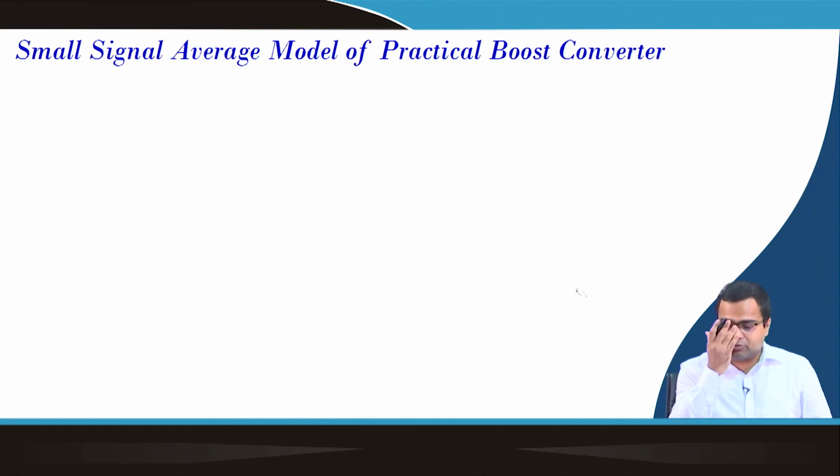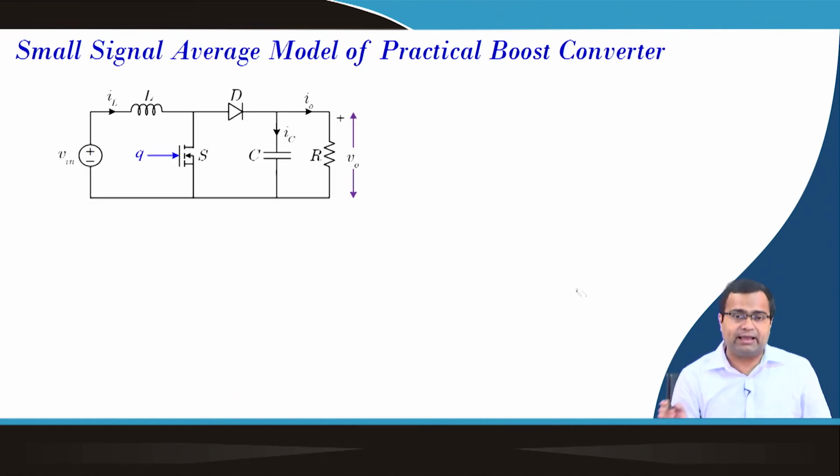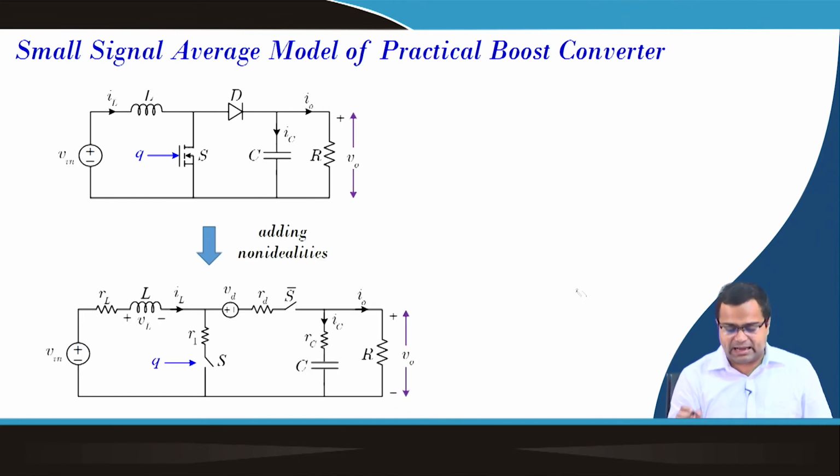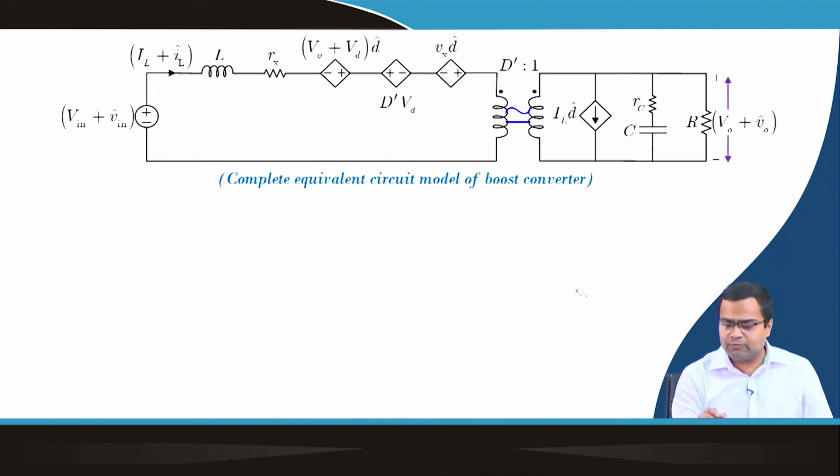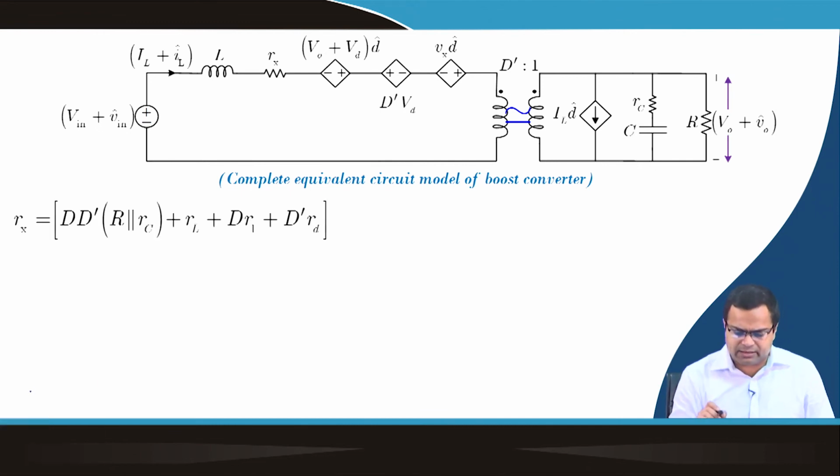The next task, we can do it for a boost converter. Again, we start with the circuit, we add all the non-idealities, then we obtain the equivalent circuit that we have already derived in the previous class. So, I am not going to repeat.